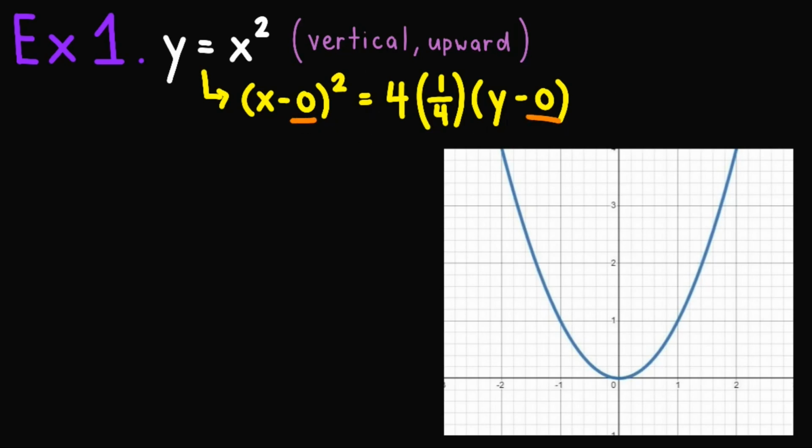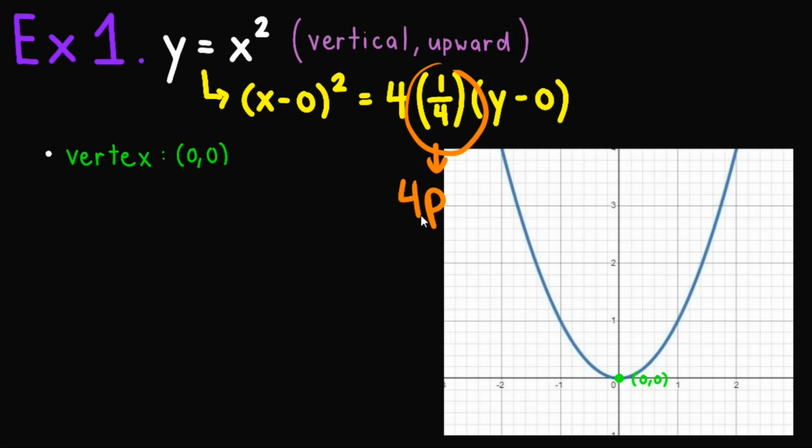So it's the point (0, 0). Aside from this, we can obtain the focal distance. So it's just this one, since in the formula, this is represented by 4 times p out here. So the p out here is this one. So we have p equals 1/4.